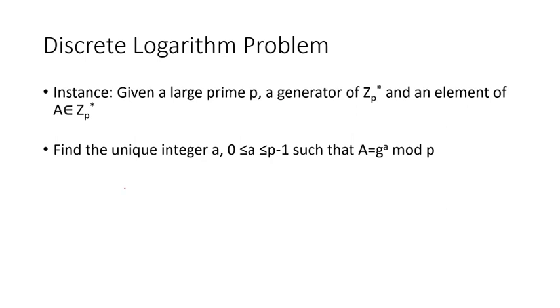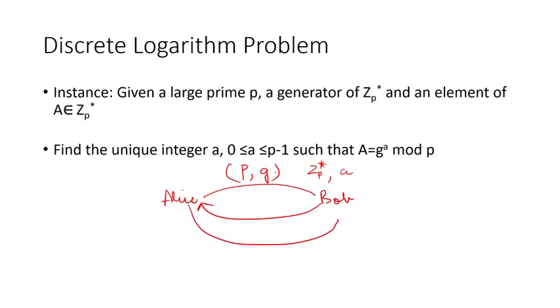When Alice and Bob want to transmit this information, recall that they would be sending P, the prime number, and G. So we can say that this is Zp star, and the generator over here, let's suppose, is G. The attacker knows this P and G, and Alice and Bob are sending their values, A and B, on the common channel.